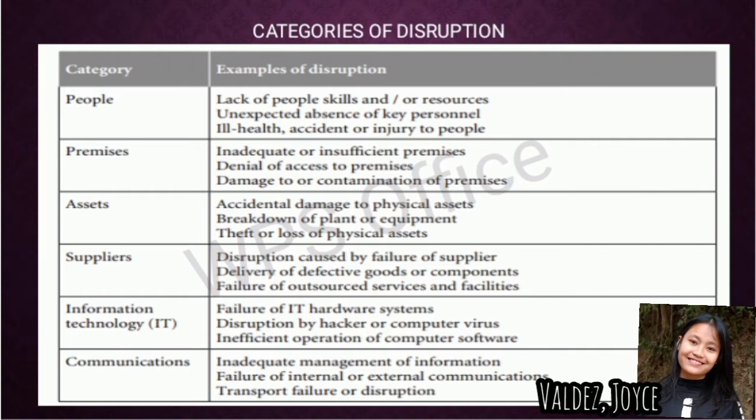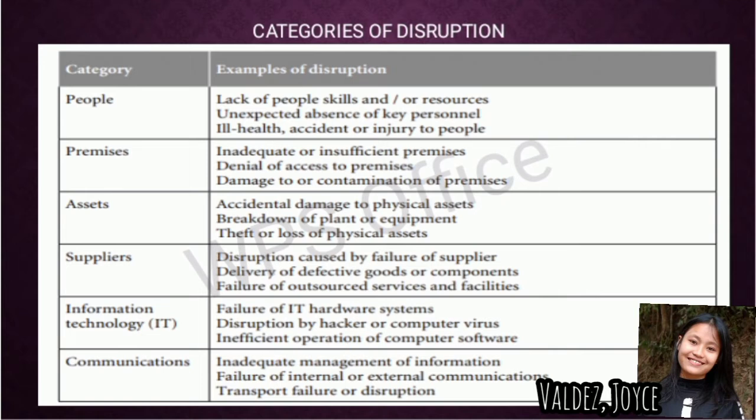And then the fourth one is suppliers, wherein disruption caused by failure of supplier, delivery of defective goods or components, failure of outsourced services and facilities. The next one is information technology. The examples are failure of IT hardware systems, disruption by hacker or computer virus, inefficient operation of computer software.